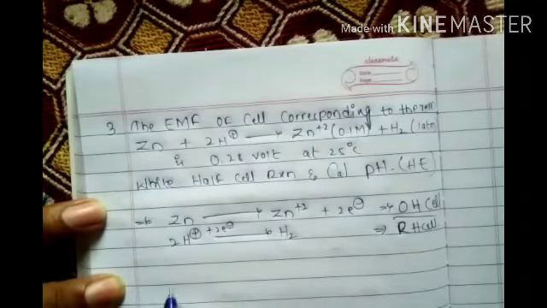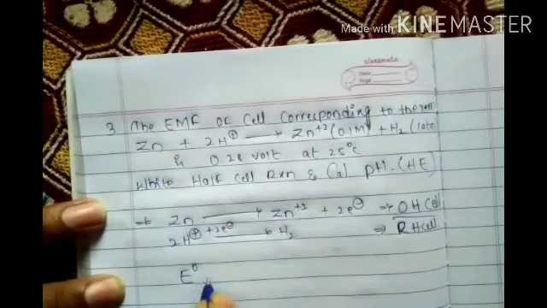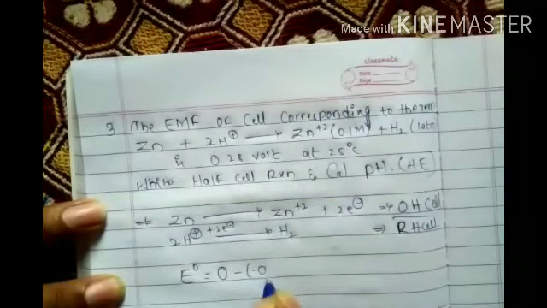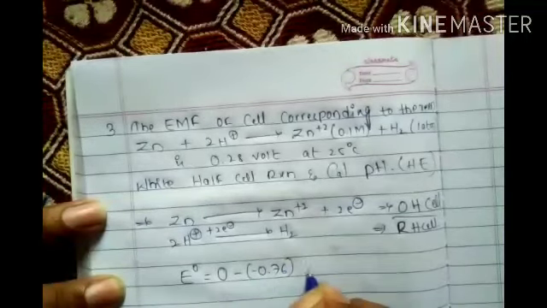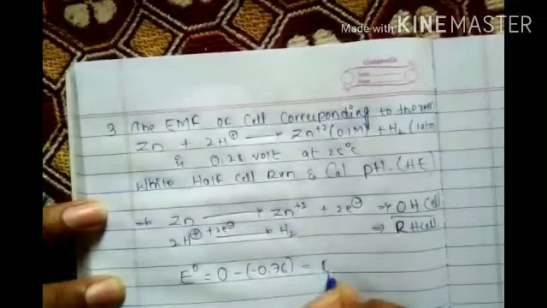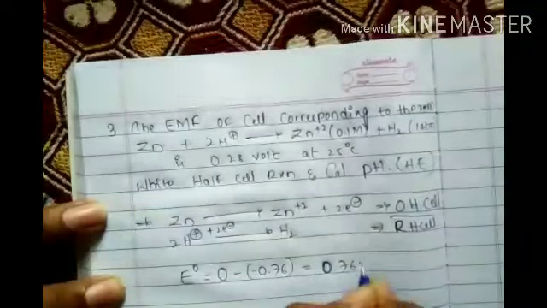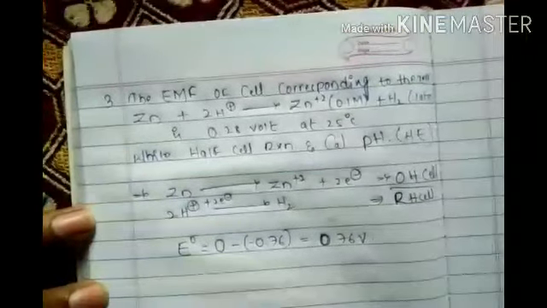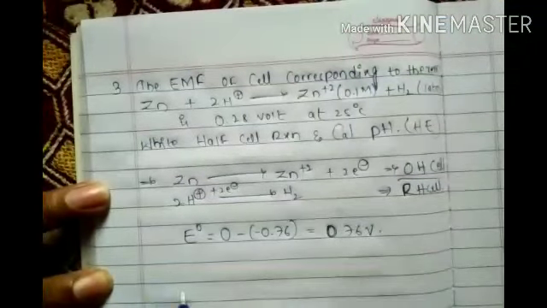Okay, now E cell equals cathode minus anode, 0 minus minus 0.76 becomes 0.76 volt. E naught cell, till here we know.